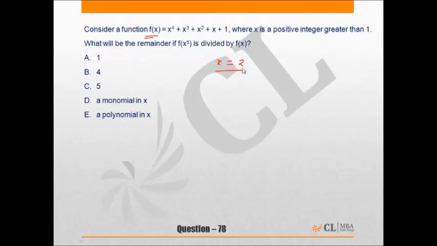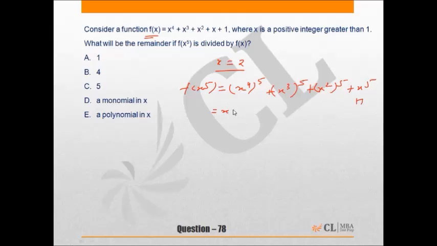Here f(x raised to power 5) will be (x raised to power 4) raised to power 5 plus (x raised to power 3) raised to power 5 plus (x square) raised to power 5 plus x raised to power 5 plus 1.